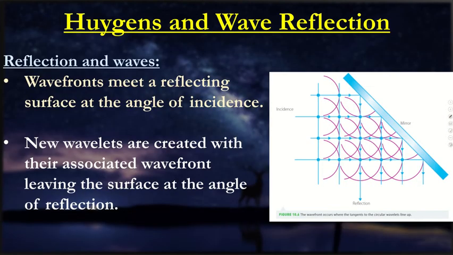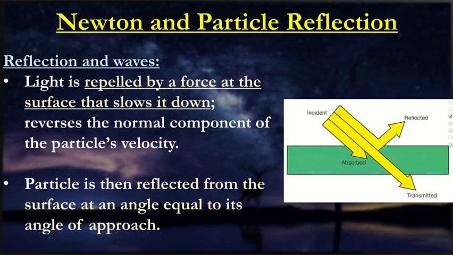Okay, so new wavelets associated with their wavefronts leave at the angle of reflection. Remember, both of these are saying that you still get the same angle of incidence to the angle of reflection regardless. With Newton's reflection model, he also stated that to the normal line we have here, there is a force of repulsion from the surface.